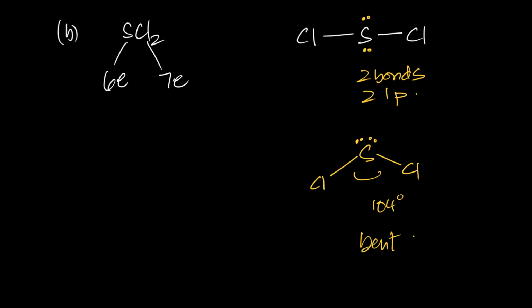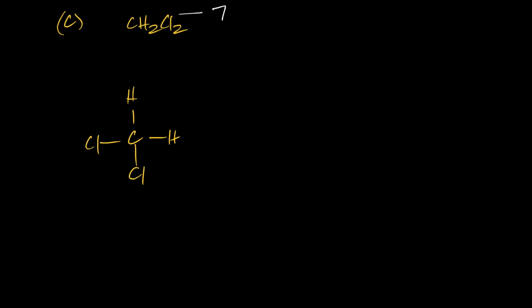The third one, part C, is dichloromethane, CH2Cl2. The bonding for this would be H, H, Cl, Cl, because they have 7 valence electrons, 1, and carbon has 4. So carbon is your central atom.